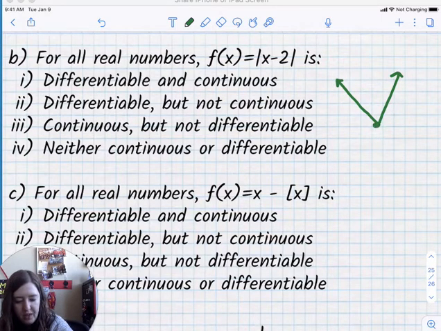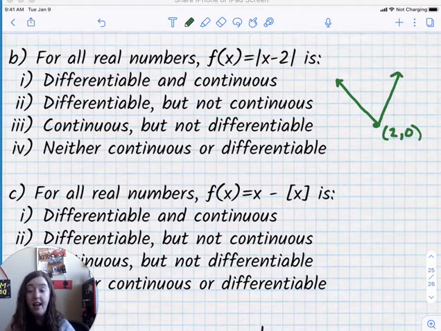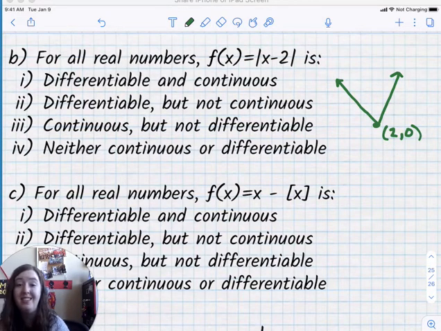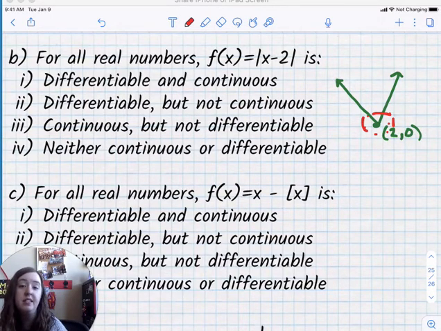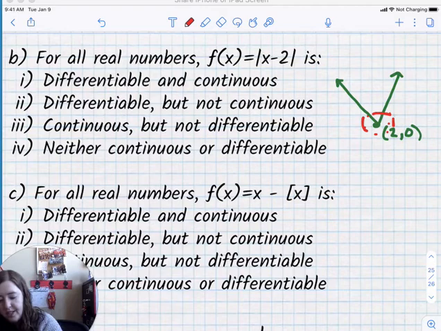It got moved over 2 to the right, so this is at 2, 0. Now, an absolute value function is continuous all the time, right? But remember, because of a sharp cusp or a corner like that, it means it's not going to be differentiable. So in this case, it's continuous, but not differentiable.